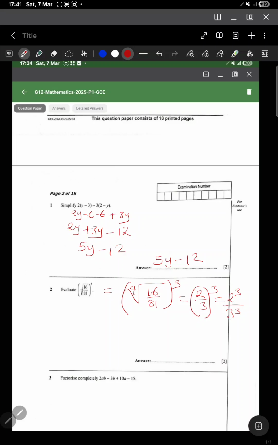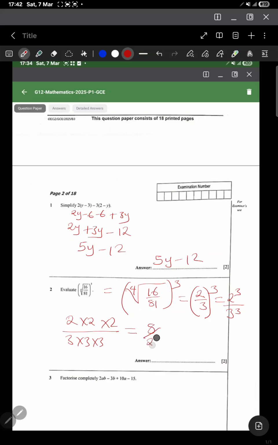2 to power 3 means multiplying 2 three times, which is 2 times 2 times 2, over 3 to the power 3, meaning multiplying 3 three times: 3 times 3 times 3. Let's now simplify this. 2 times 2 times 2 gives 8, over 3 times 3 times 3.